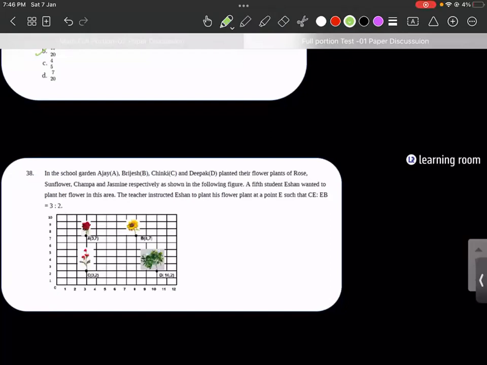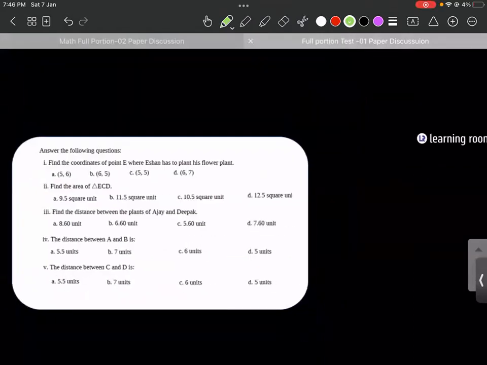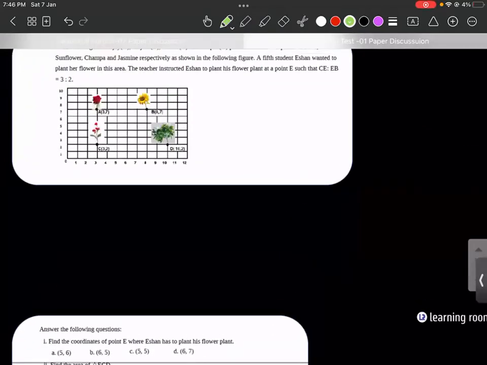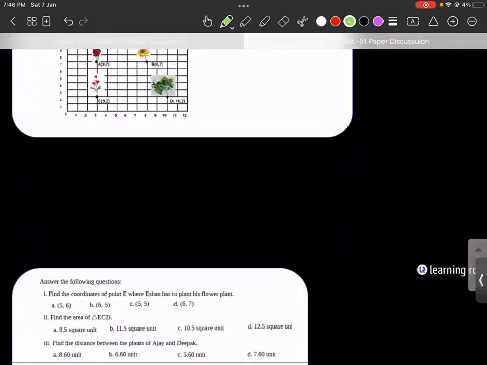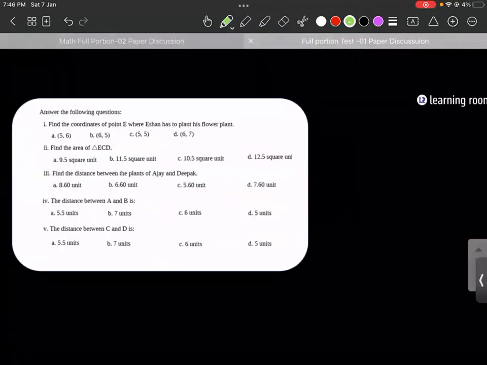There's a problem based on coordinate geometry. Find the coordinates of point E where Ishan has to plant his flower plant. What is the answer? 5,6. Putting answer 6,5. Oh, I didn't get the answer, sir.